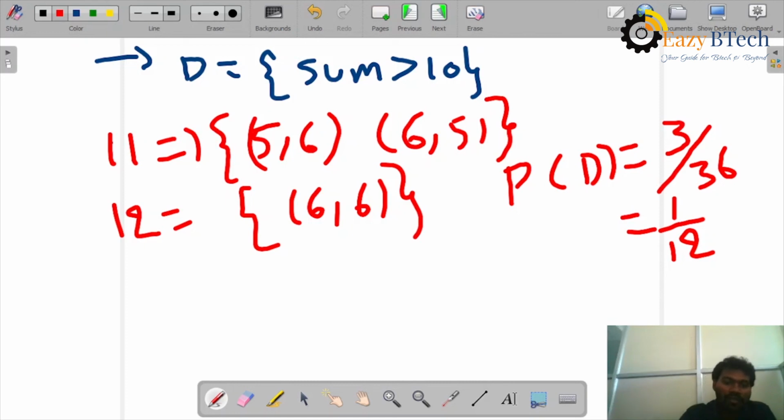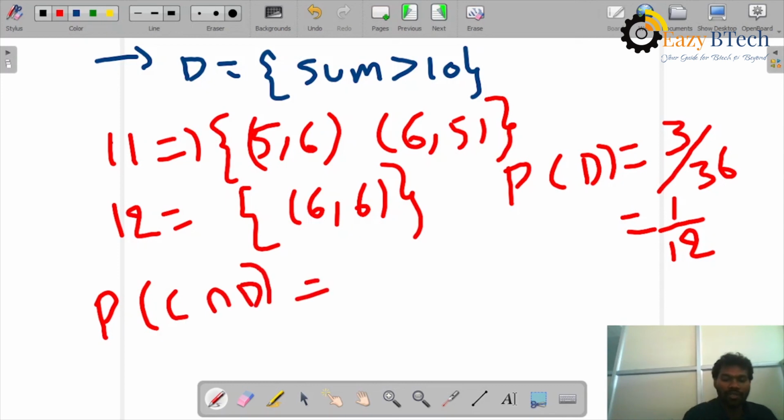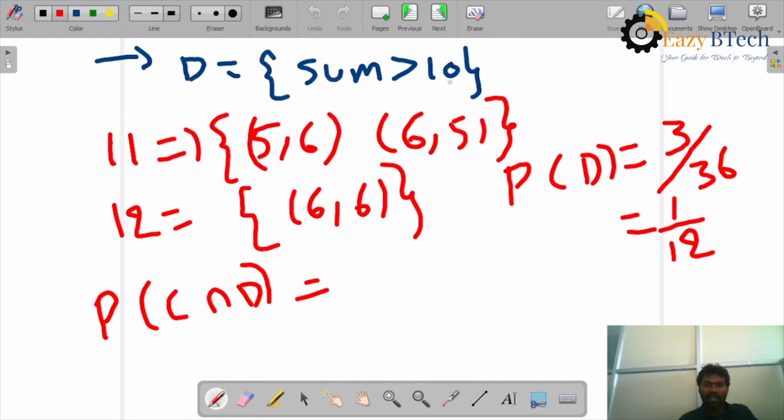In some cases they give you intersection also. That means, suppose, C intersection D. Here we have defined two events, C and D. C means sum equal to 12. D means sum greater than 10.